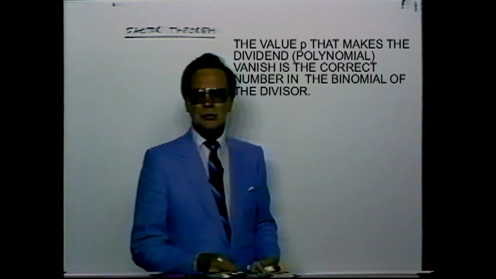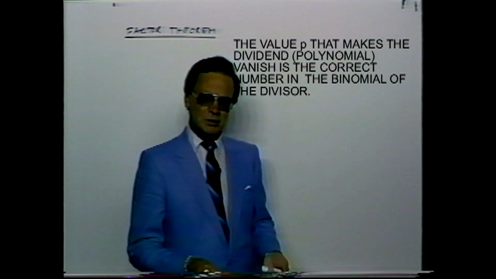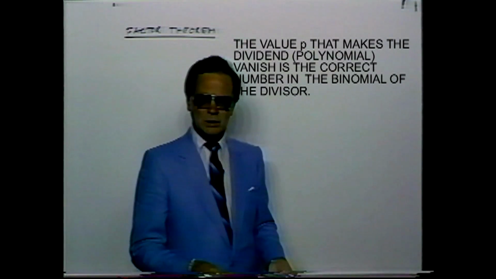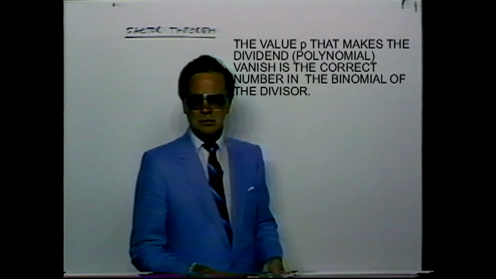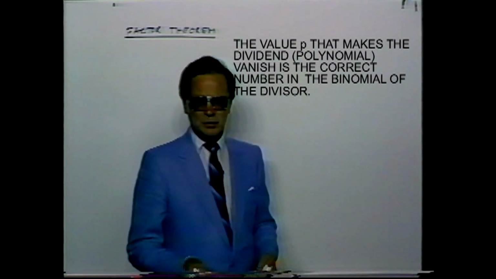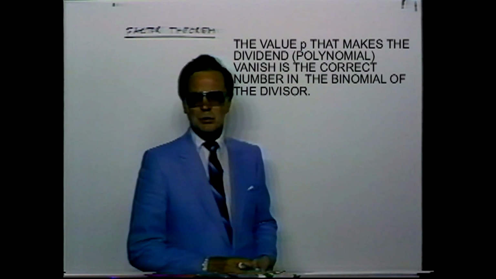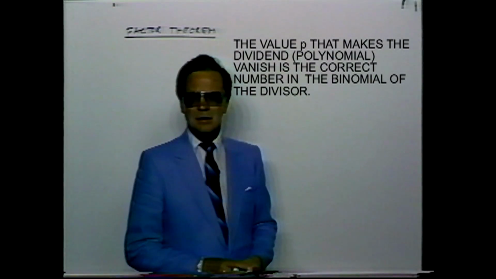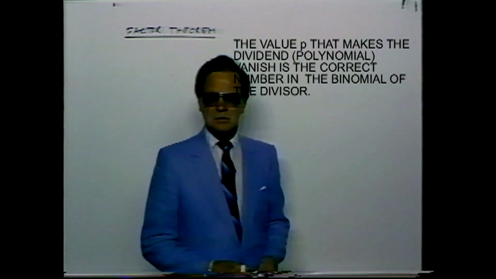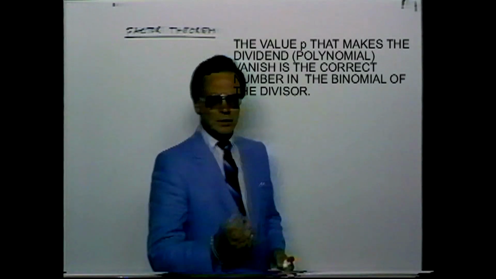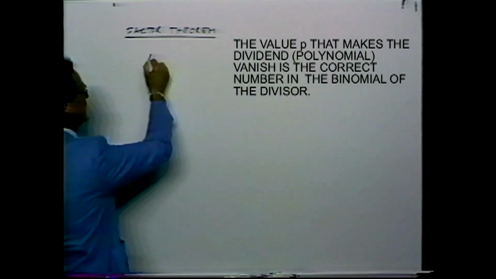What we normally do is choose simple numbers like minus 1, plus 1, minus 2, plus 2, and minus 3, plus 3, etc. Your problems will be so designed that these numbers substituted into the polynomial will always work. So here we have an example then.